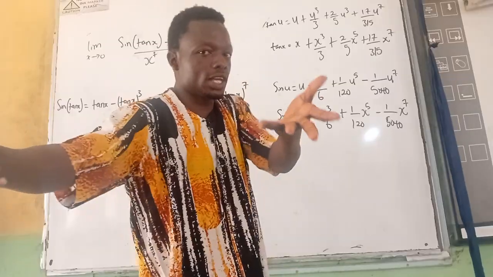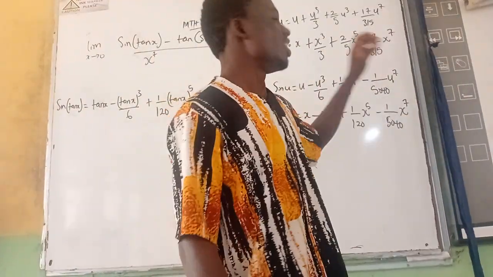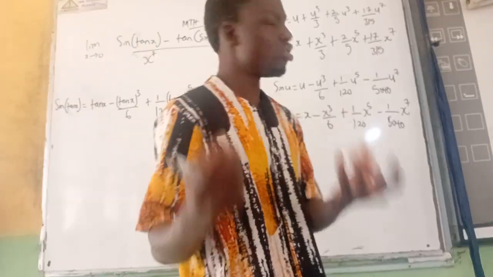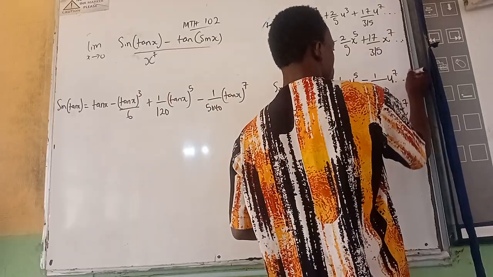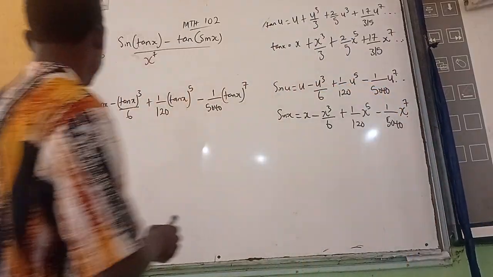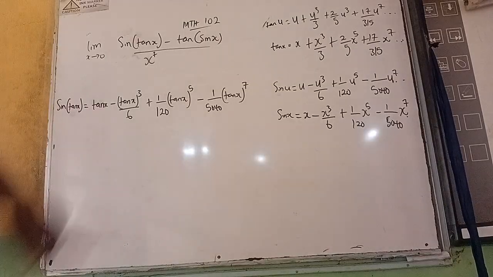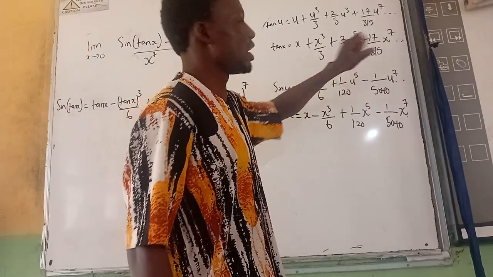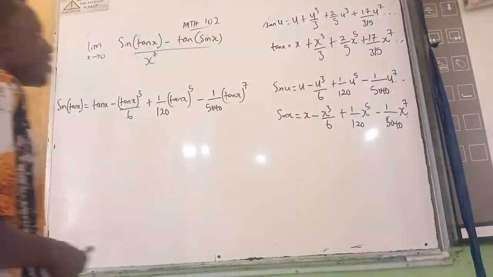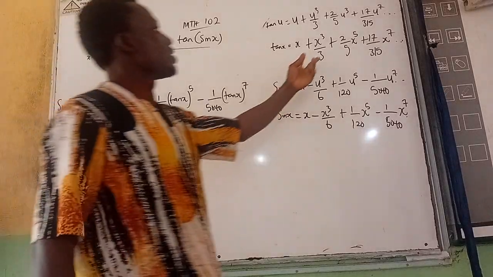We need to cancel terms. The rest of the parts are infinitesimally small, so they are negligible. So there should be dot dot dot here. So this approximately equals this. I hope you are clear. But now we need to substitute tan x. For us to substitute tan x, we can only pick the first 3 terms.